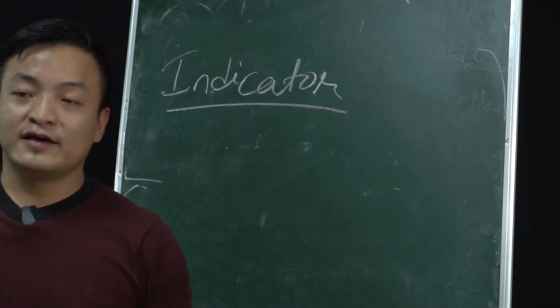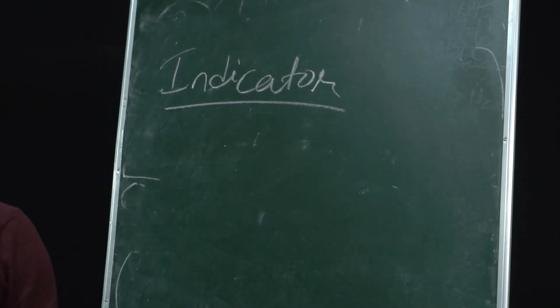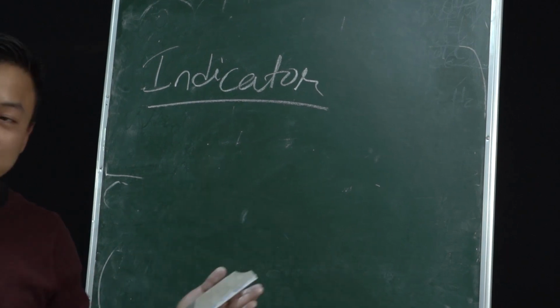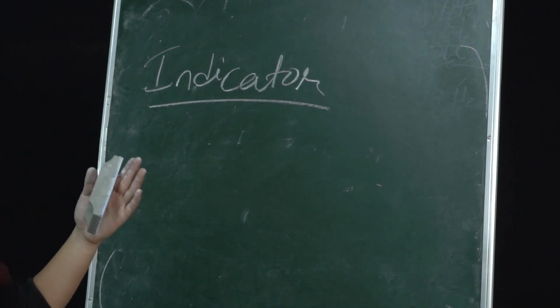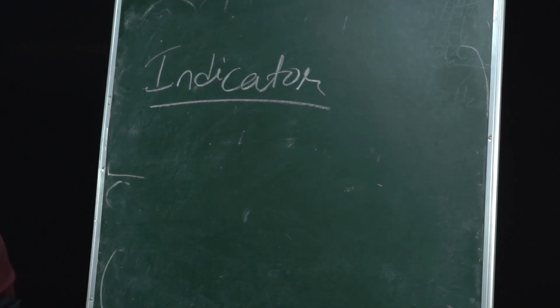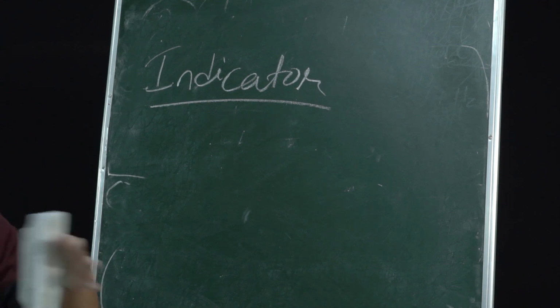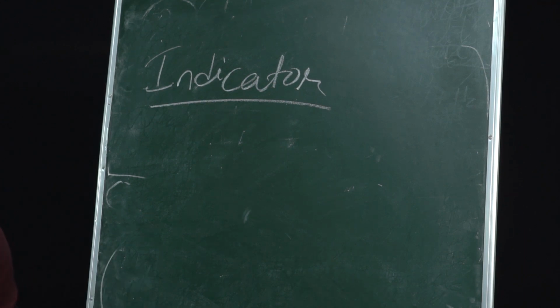Okay, students, our next topic is indicator, and this is also very important because indicators help us identify whether a given substance or solution is an acid or base by the smell or by the change of color. And this is also very interesting.